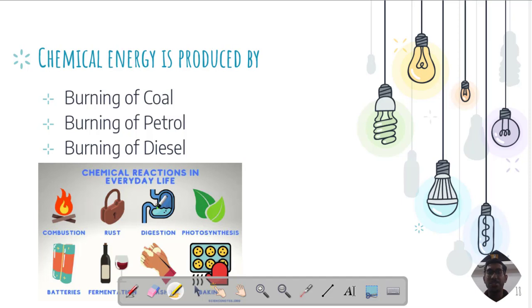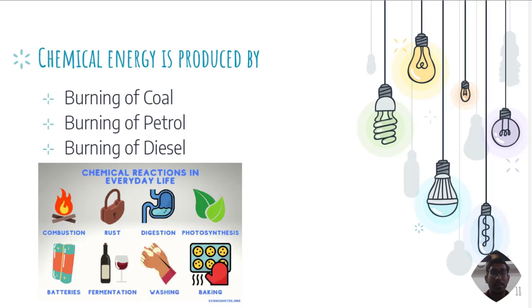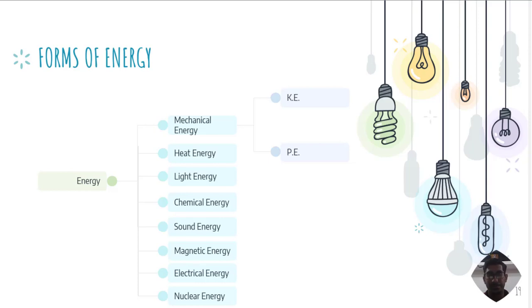Now digestion is also a chemical reaction where the hydrochloric acid present in our stomach is burning the food. Photosynthesis, I already mentioned to you. Batteries have chemical energy, right? Fermentation of wine or beer. Now, boys and girls, all of these are examples of what? Yes, they are all examples of chemical energy.